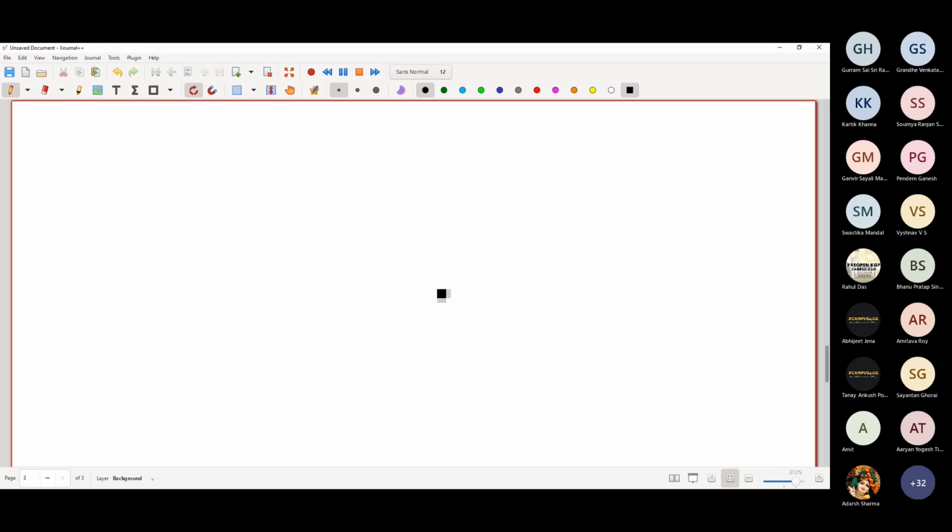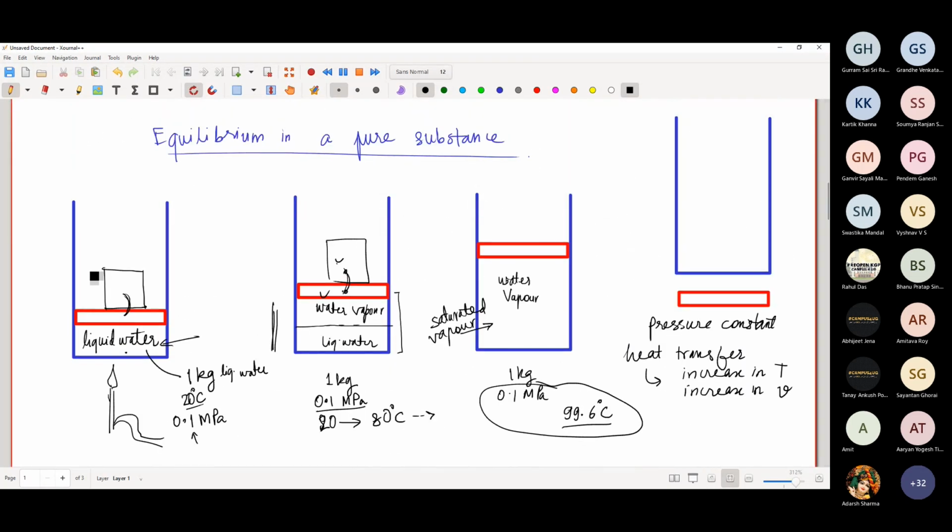The pressure at which both these phases will exist. Between this point and this point, you are lying in the x equal to 0 to x equal to 1 domain. You are not changing phase completely.